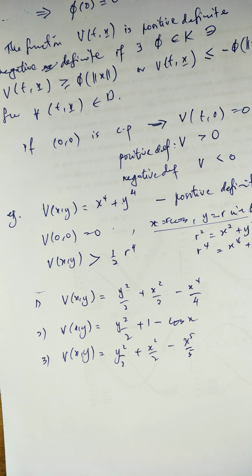So this is the first example. The second example, we may consider this function V(t, x, y) as t x squared plus y squared minus 2xy cos t.